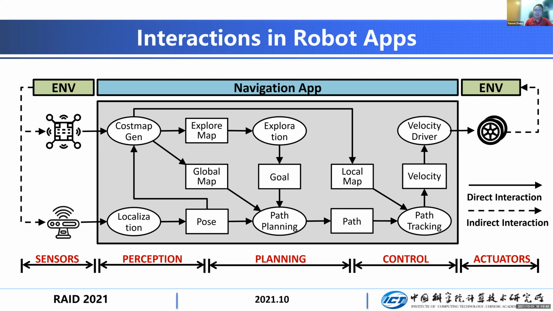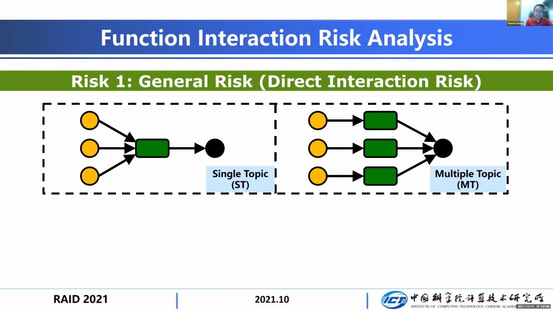After figuring out the 2 types of interactions, we present our first contribution of this project, which is about the function interaction risk analysis. Specifically, we review the interactions in different robot apps and propose 3 different types of interaction risks that could potentially affect the security and the safety of the robot apps.